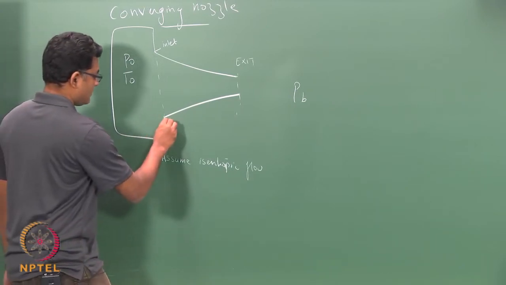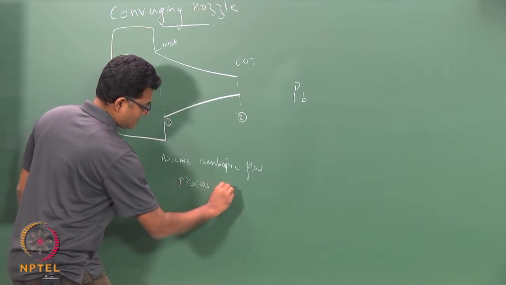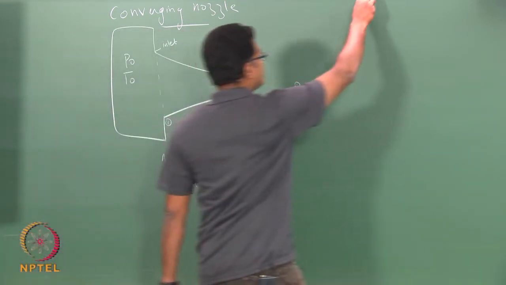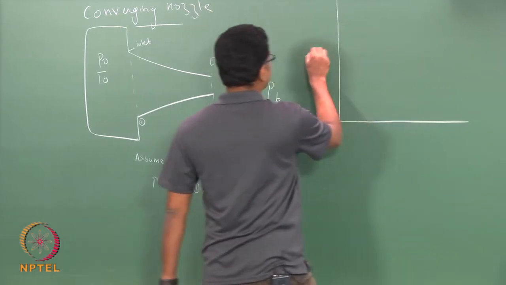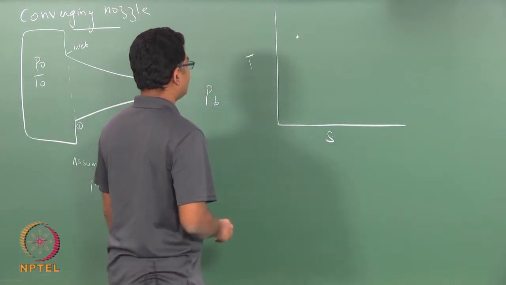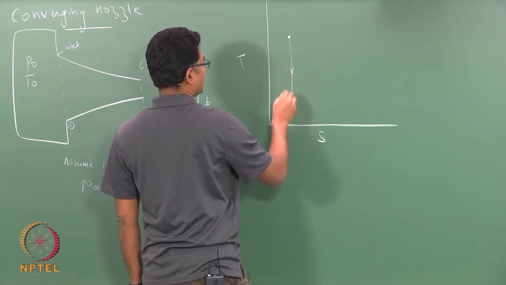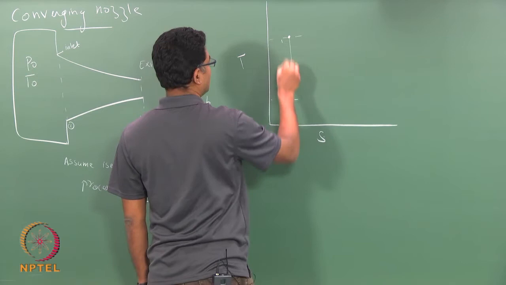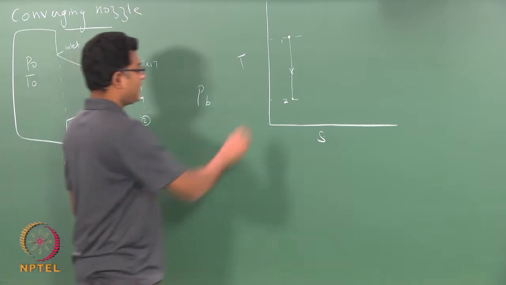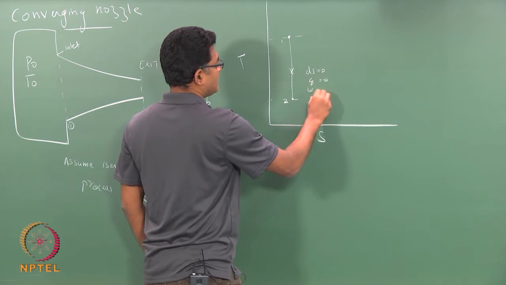So, from 1 to 2, the flow is isentropic, which means in the TS diagram, from 1 to 2, I have an isentropic flow. ds is 0 here, there is no Q, there is no Ws.